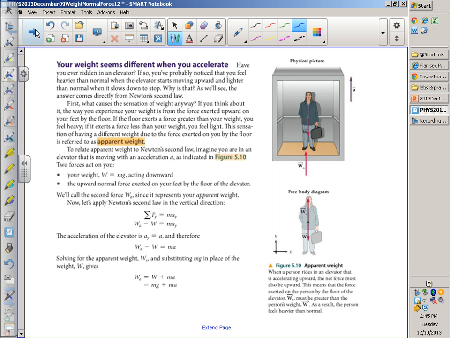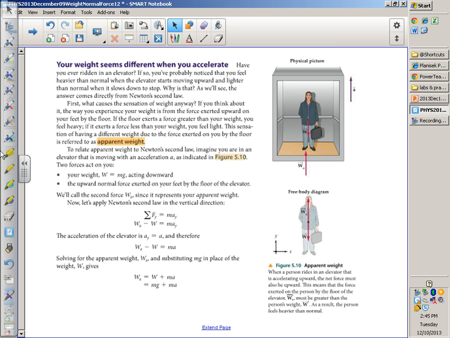But anyway, that sensation of floating, or that sensation of getting pushed down into your seat, is what we refer to as apparent weight. It's not that the force of gravity changes.